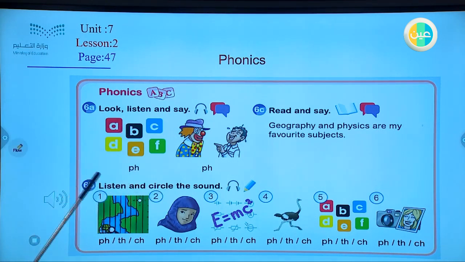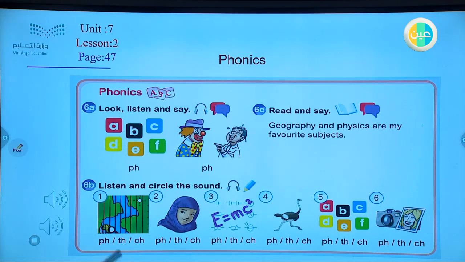Alphabet. Alphabet. Alphabet. F, f, f. Laugh. Laugh. Laugh.